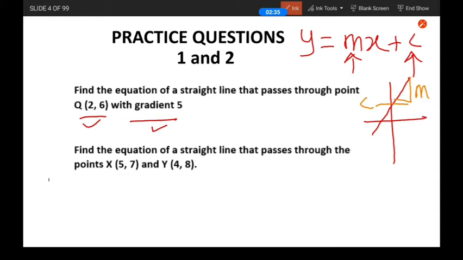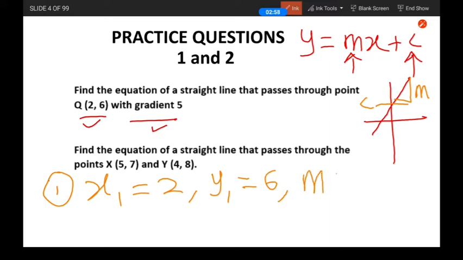Good. So find the equation of a straight line that passes through the point (2, 6) with gradient 5. Now for question 1, what we are given here is the coordinate x1 equals 2 and y1 equals 6. Very good. And the gradient we have equals 5.